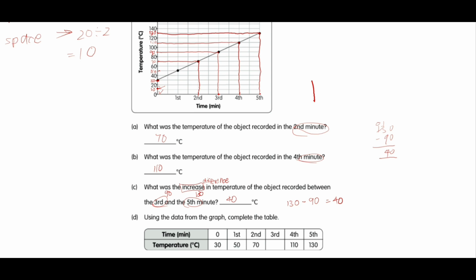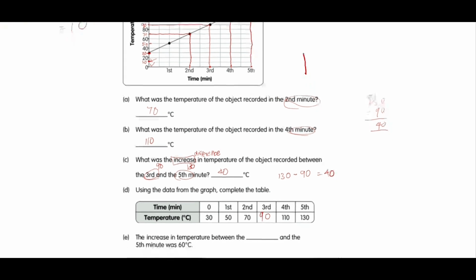So 50 here. In the second minute, the temperature is 70. So write down 70 here. Now in the third minute, the temperature is 90. So we will write down 90 over here.